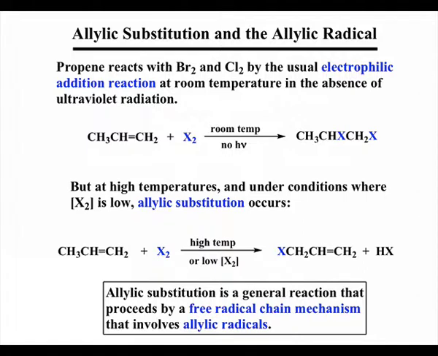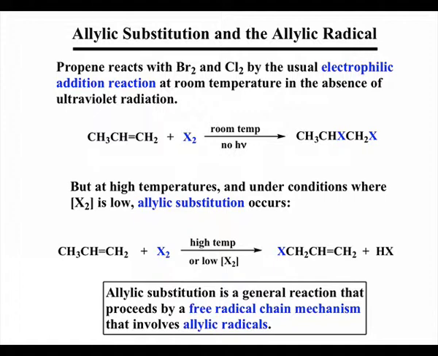Now, we've talked a little bit about allylic substitution and the allylic radical in Chapter 10 when we talked about free radical chemistry. And we know that if Rose comes into the lab and she takes propene, a simple alkene, and she adds bromine to the alkene, she just gets halogen addition across the carbon-carbon double bond, right?